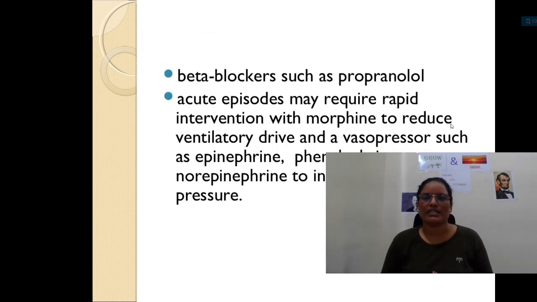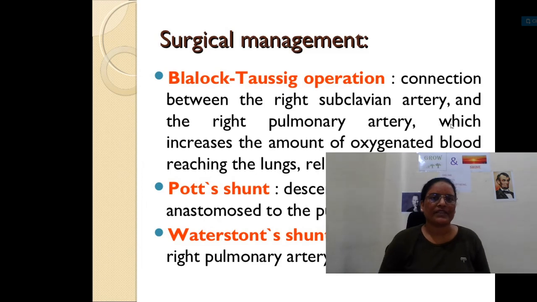Then beta blockers such as propranolol. Acute episodes may require rapid intervention with morphine to reduce ventilatory drive, and a vasopressor such as epinephrine, phenylephrine or norepinephrine to increase blood pressure. Then surgical management. The first one is the Blalock-Taussig operation.